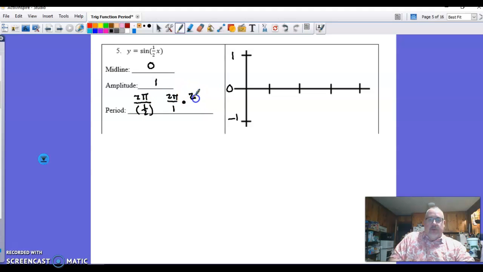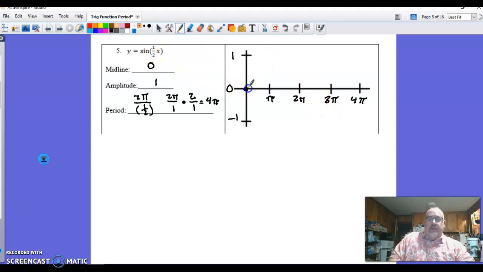So that would be 2 over 1, which would make 2 pi times 2, which is just 4 pi over 1. 1 times 1 is 1, so it's just 4 pi. So this is 4 pi. Half of that is 2 pi. Half of that's pi. So we're counting by pi, 1 pi, 2 pi, 3 pi, and 4 pi.